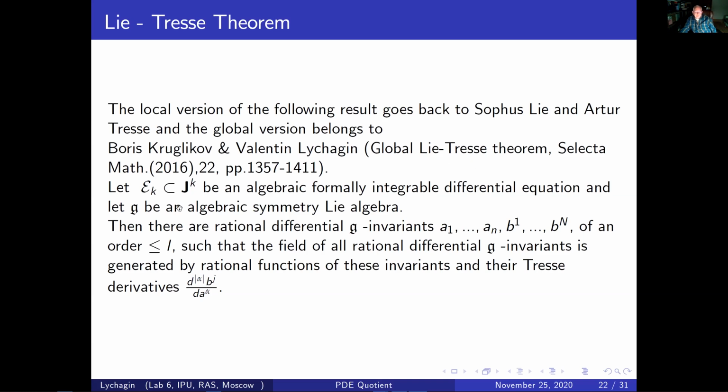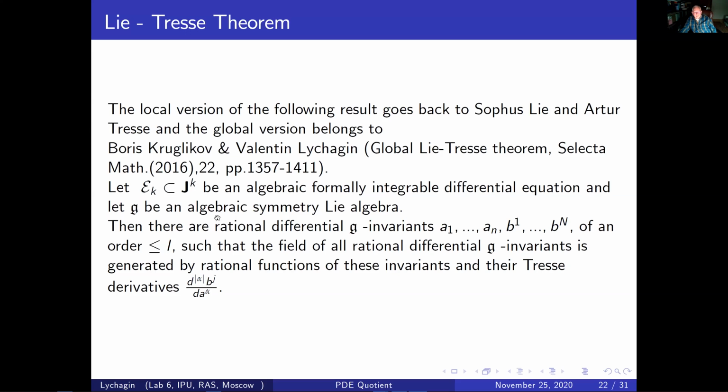If you take an algebraic formal integrable differential equation and its Lie algebraic symmetry algebra, this means, to be precise, that this algebra acts transitively on the level of 0 jets or 1 jets, and the stabilizer of this algebra at points of 0 jets or 1 jets, depending on dimensions, should be algebraic. So they should give us algebraic actions on this G_k.